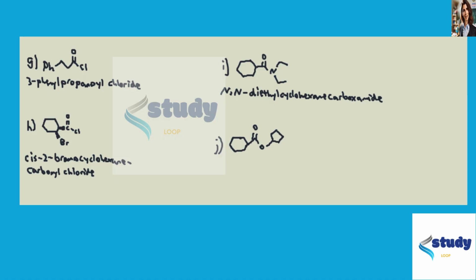All right. And then so lastly, J. J is another ester. And so we'll start with what's on the oxygen. So it's a cyclopentyl group. So cyclopentyl. And then we'll name the rest of it. Cyclohexanecarboxylate.